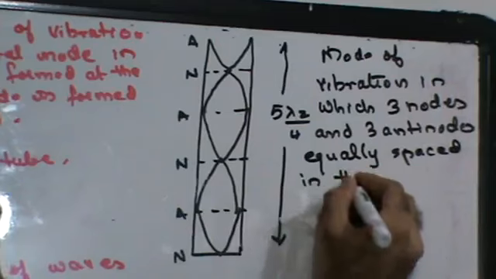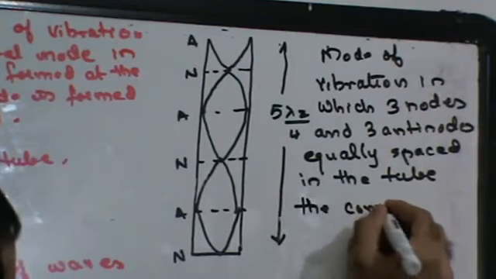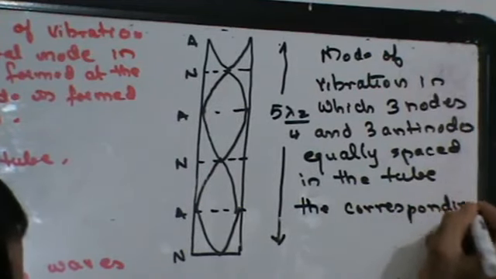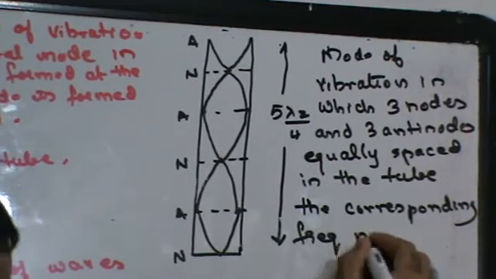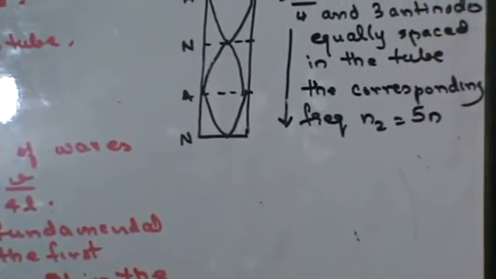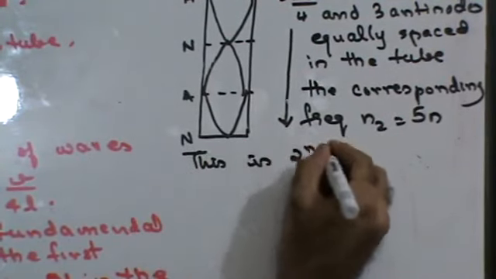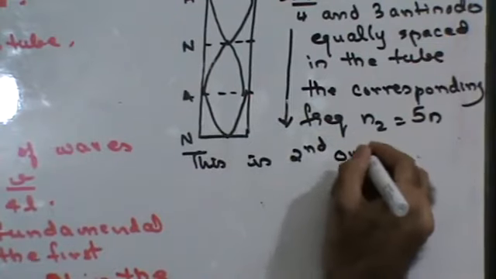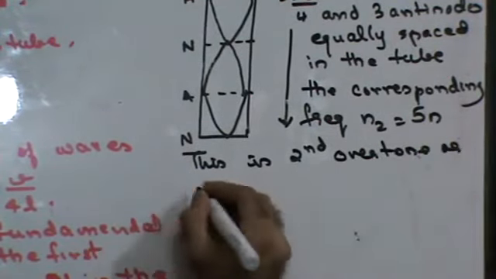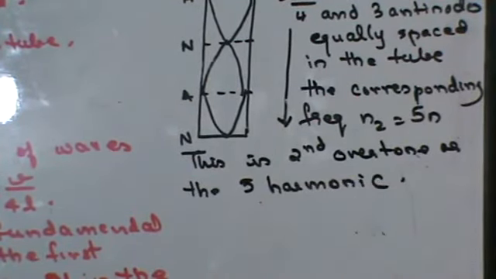In that case, let's assume that the corresponding frequency n2 here will be nothing but 5 times the fundamental frequency. In this case, this is the second overtone or the fifth harmonic. Do we get this?